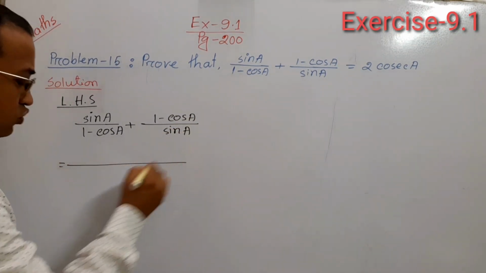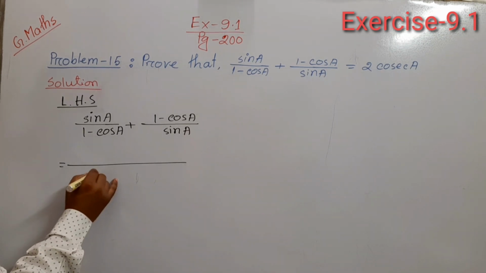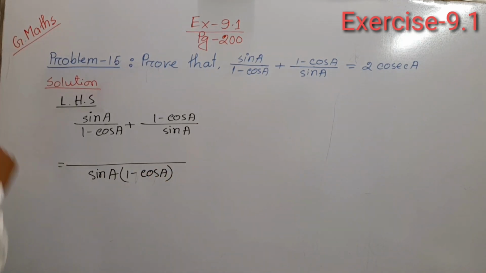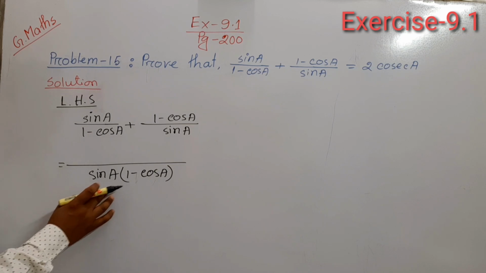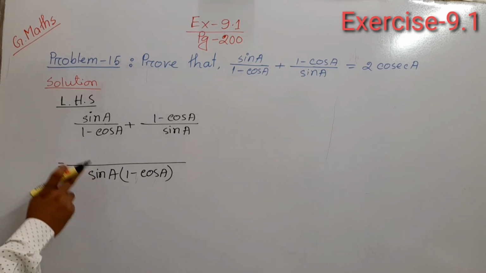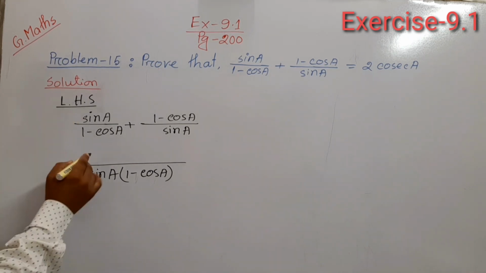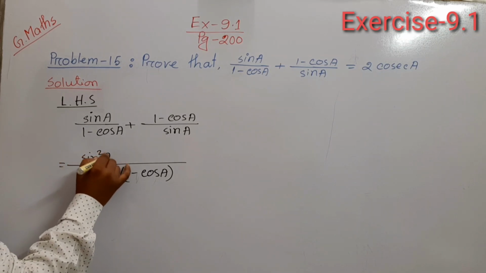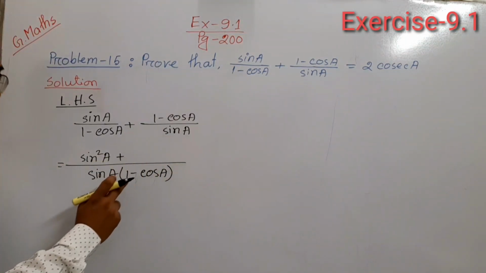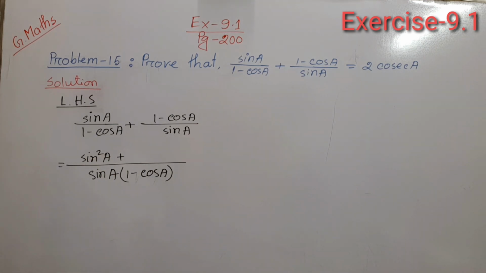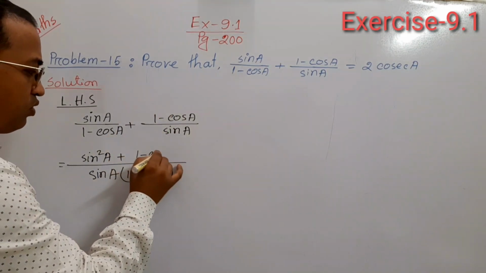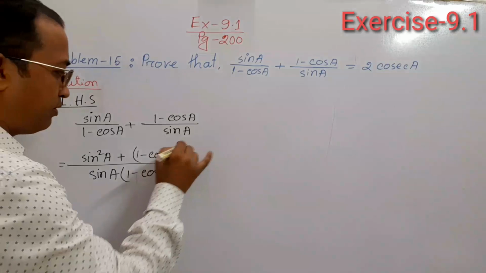Here also we will add these two fractions, so the LCM will be sin A into 1 minus cos A. Now if you divide the LCM by the denominator 1 minus cos A, it will be sin A, and that sin A we will multiply with this sin A, so it becomes sin square A. Again, if you divide the LCM by the denominator sin A, the quotient will be 1 minus cos A. Now we will multiply 1 minus cos A into this 1 minus cos A, so it will be 1 minus cos A whole square.